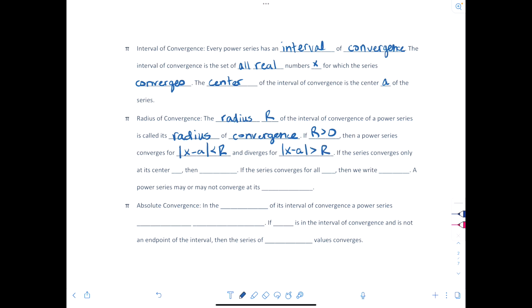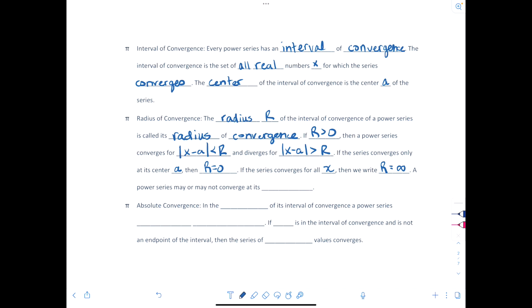If the series converges only at its center a, then r equals 0. If the series converges for all x, then we write r equals infinity, even though that's kind of a mathematical faux pas.